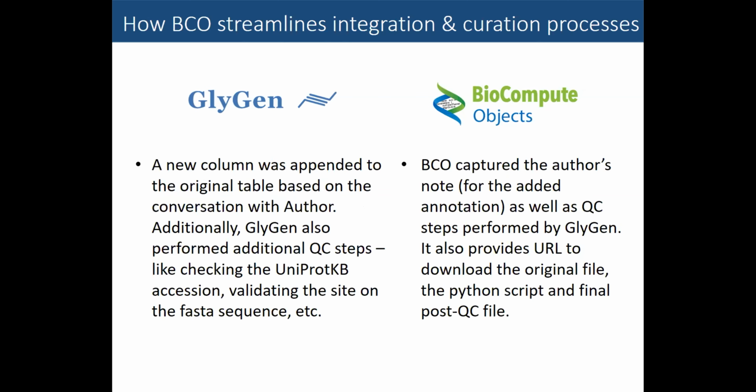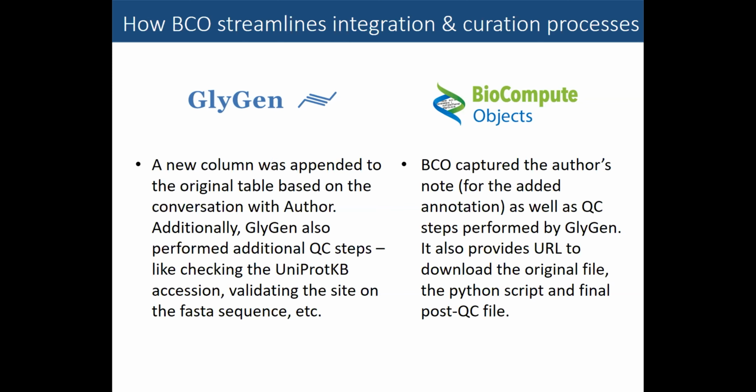Additionally, we spoke with the author, and through back and forth email conversation, we decided to add another column of additional annotation. Then we also performed different types of QC steps, like checking the UniProtKB accession, validating the site on the FASTA sequence, etc. In this case, what BCO really helped us with was to capture the author's note, for example, what the author mentioned about this added annotation, which was not in the author's original table.